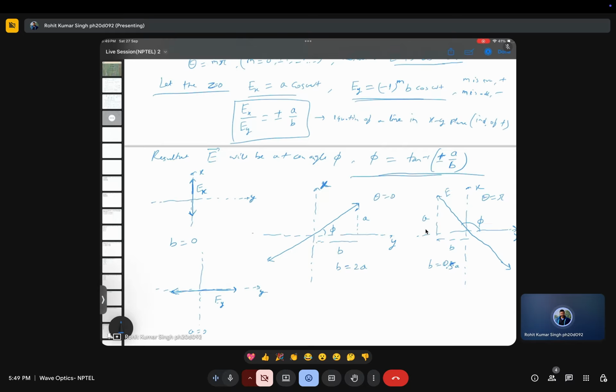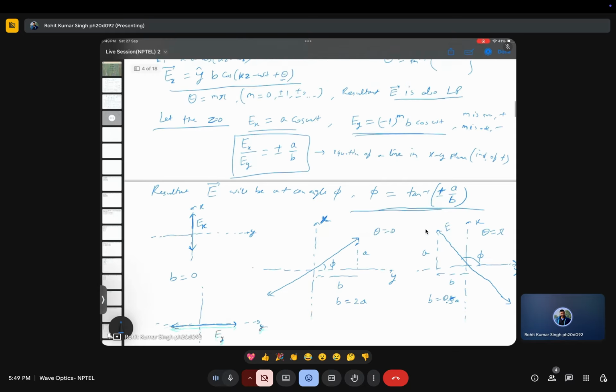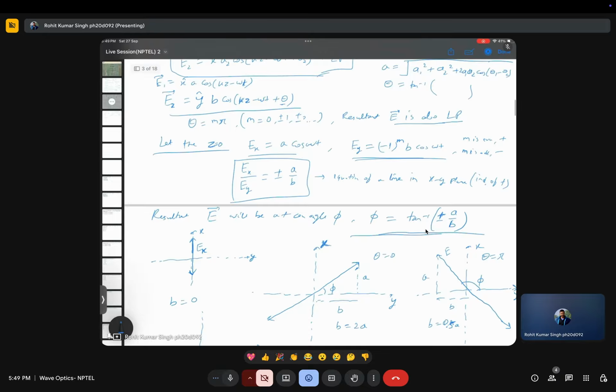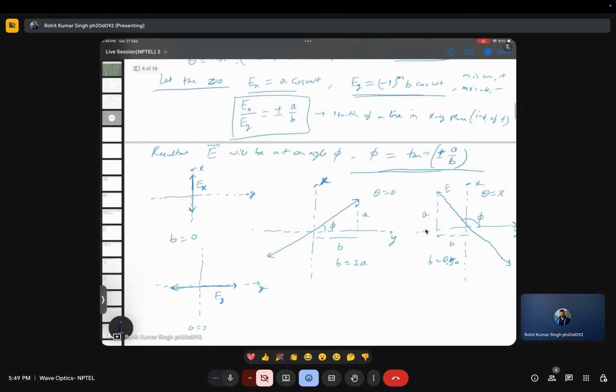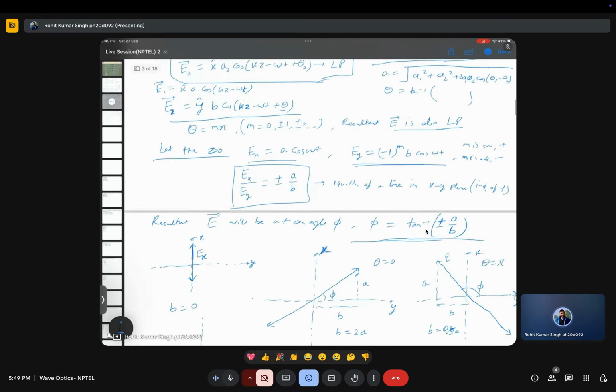Wait, there are two angles, so don't get confused. One is the theta. What is theta? Theta is the phase difference of the y component from the x component. That phase difference should be an integer multiple of pi. Then you will have a linearly polarized wave.